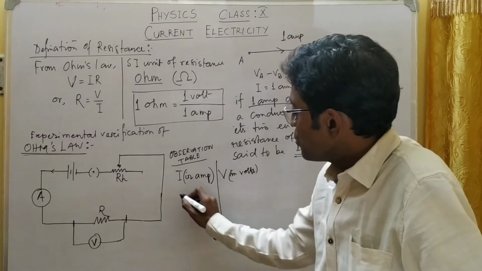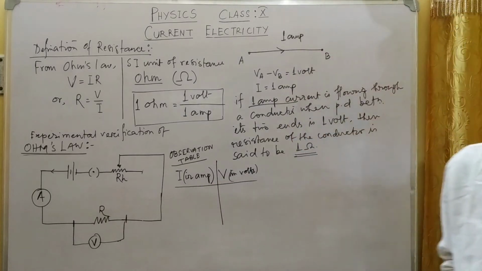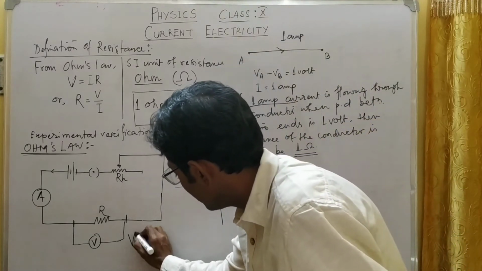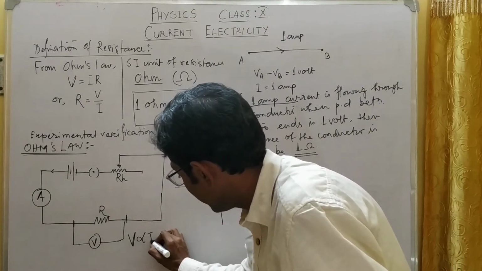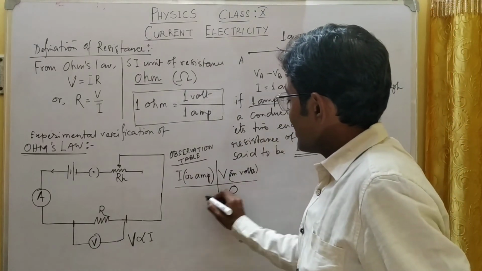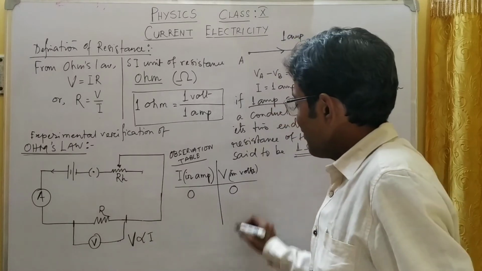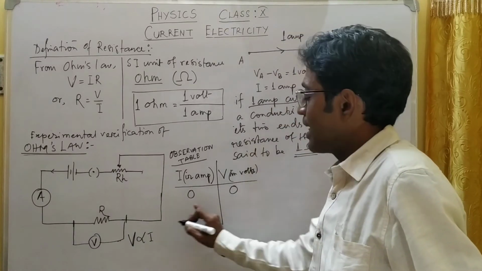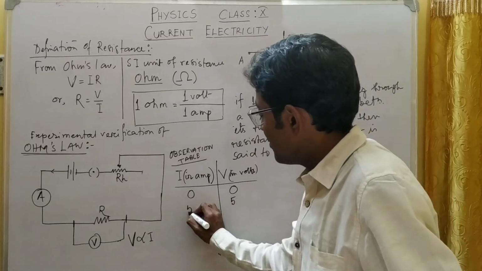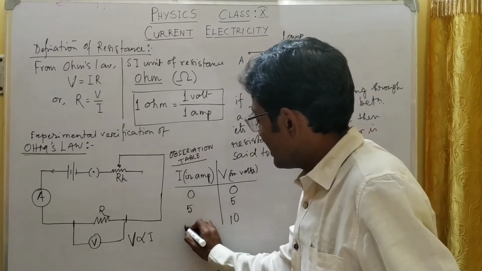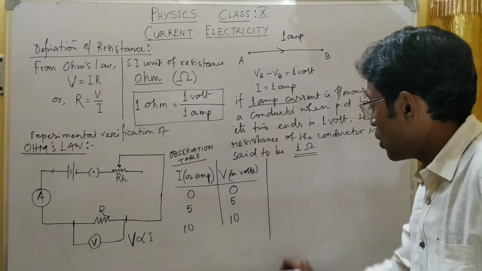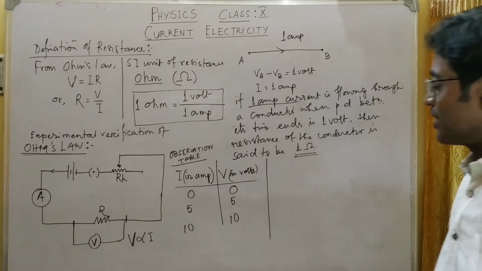So you should write the values of I, and we have seen from Ohm's law that V is directly proportional to I. So when there is no potential difference, no current will be flowing. If we increase the potential difference, the current gradually increases. So I am taking it as 5, this can be 5, this is 10, this can be 10, this can vary also.